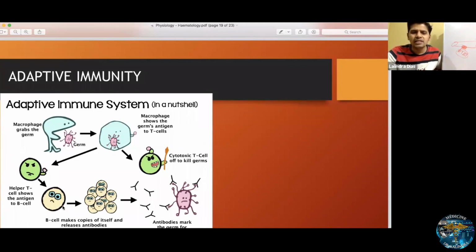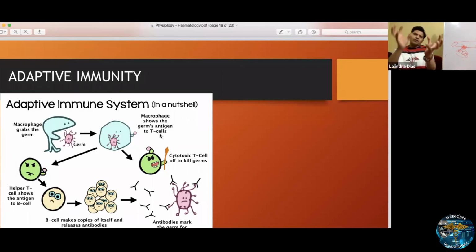So what do the T cells do? Now what happened, guys? You got the infection. Once you got the infection, what happened? Our first line defense mechanism went in there, and they chose one cell, maybe a neutrophil, maybe a macrophage. The macrophage shows the germ's antigen to T cells.